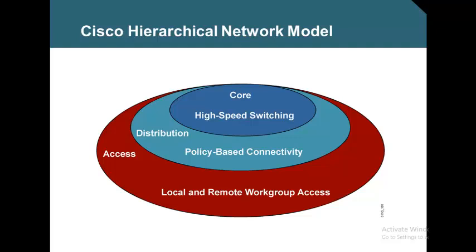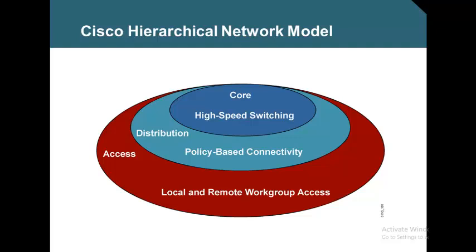So this is the well-known, popular network model, the network design that Cisco recommends. This is well known and very popular. Recently, we have another model which is called the leaf and spine model.